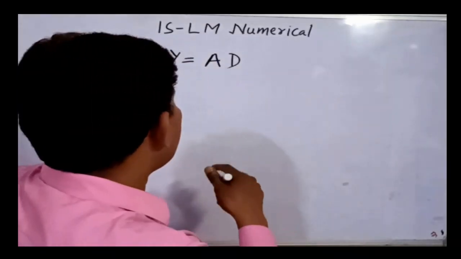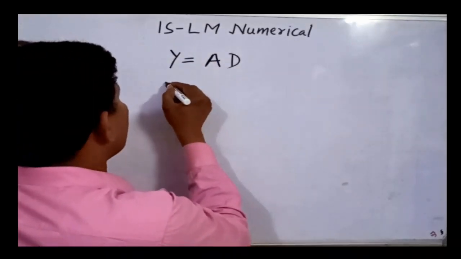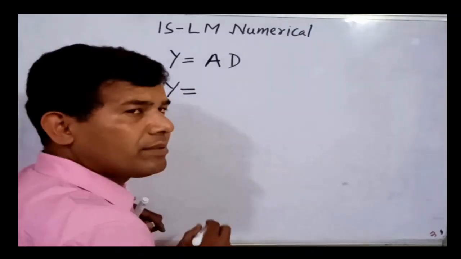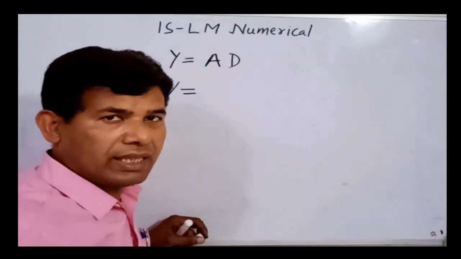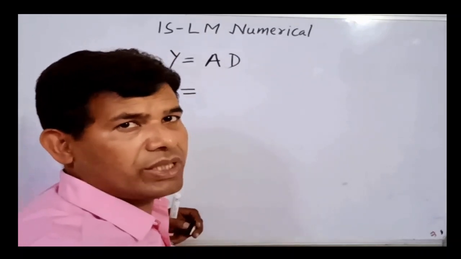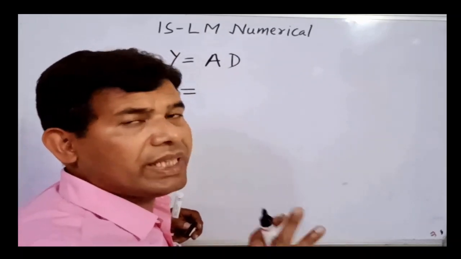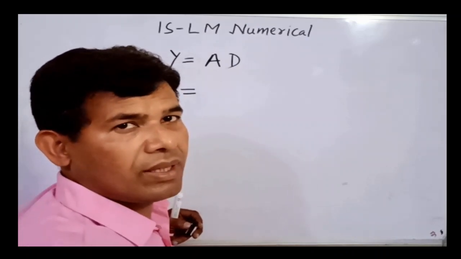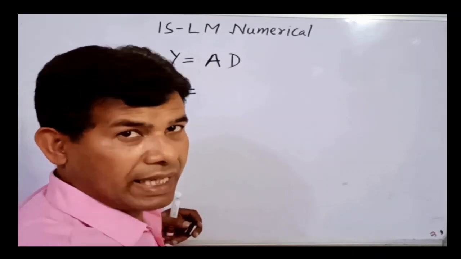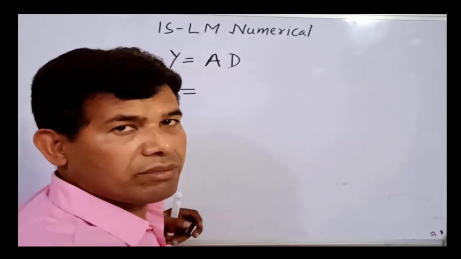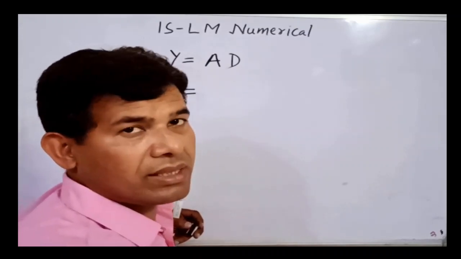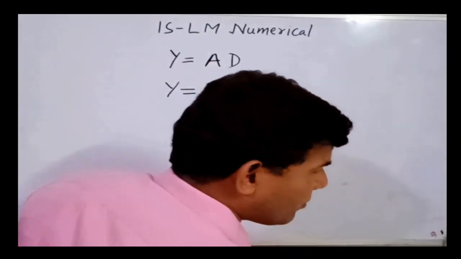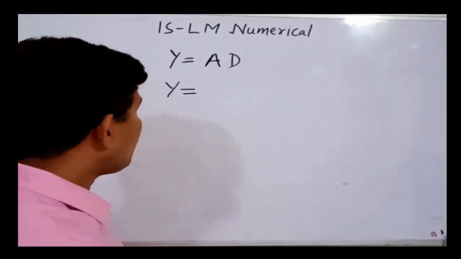So let us see what the components of aggregate demand are. Components of aggregate demand in the economy in this question are three: one is consumption, second is investment, and third is government expenditure. So we pick from there and write.